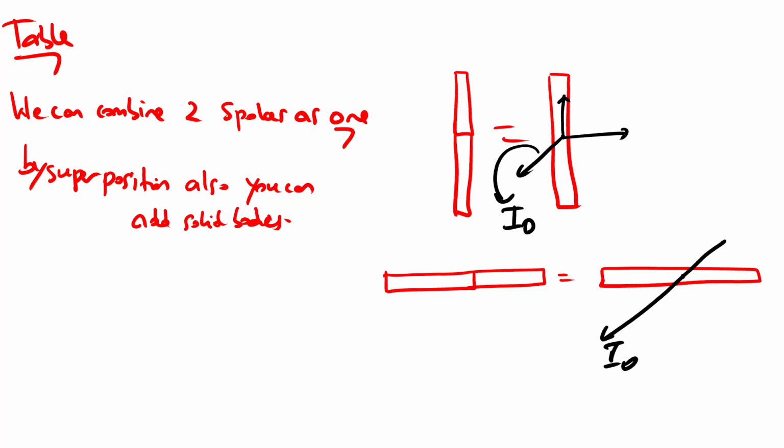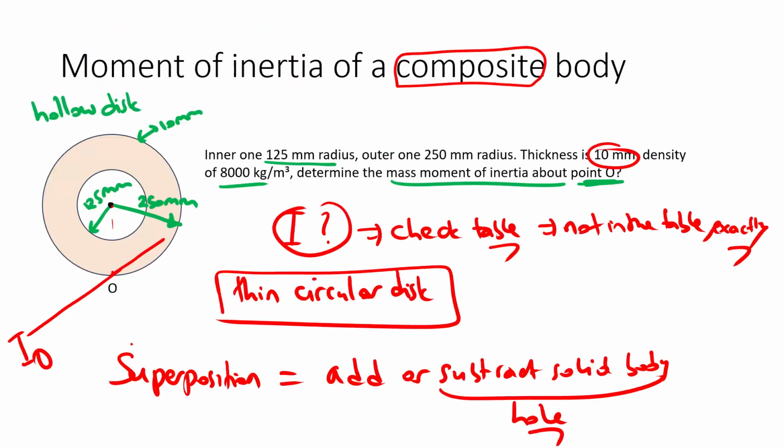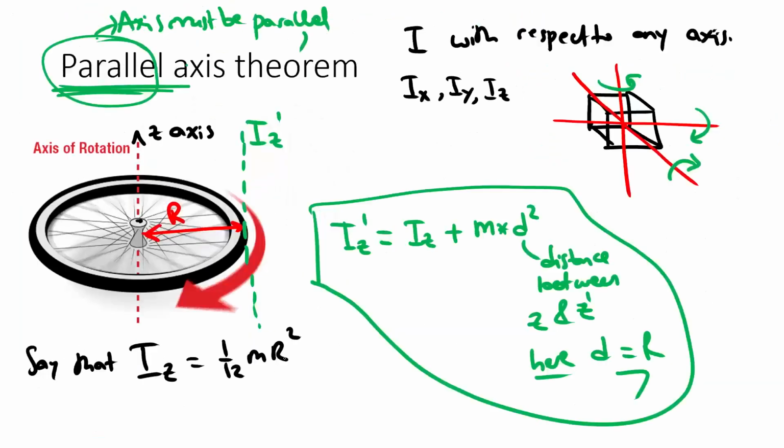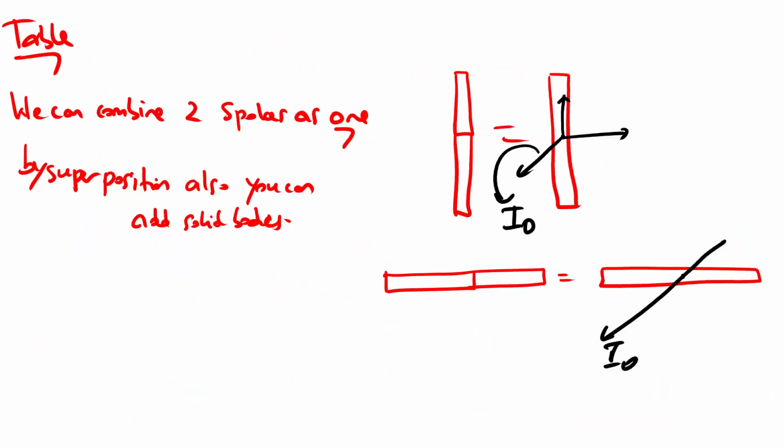That's what we are looking for. Then we go back to the table: passing through the centroid G, that is 1/12 m L squared. The center point. 1/12 m L squared.